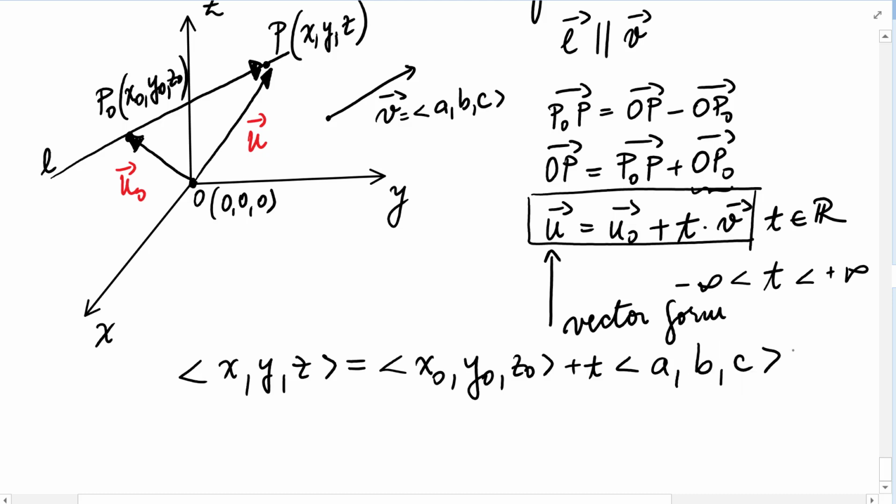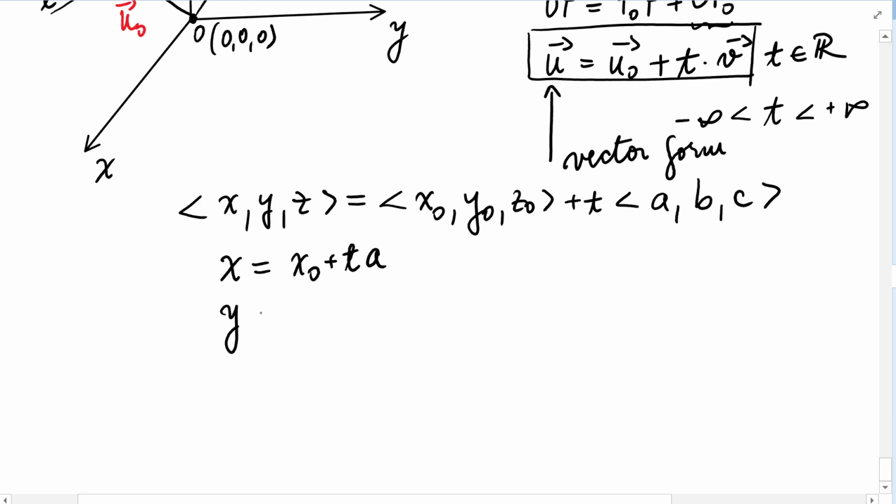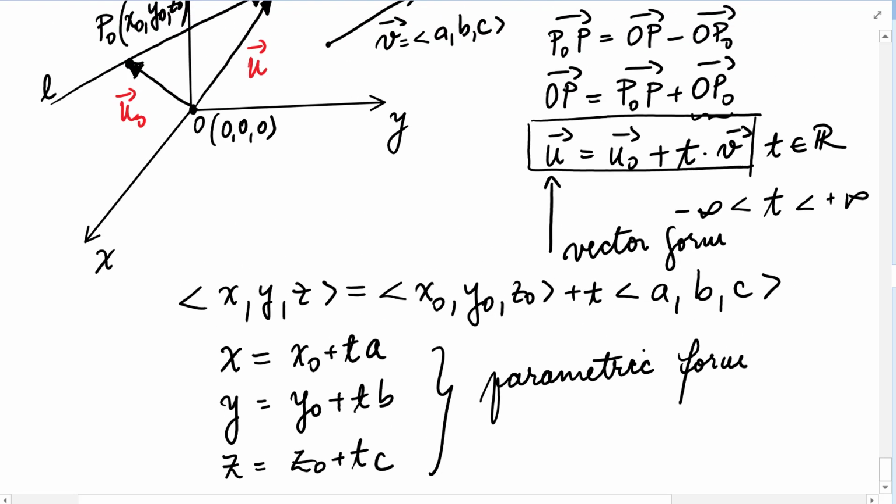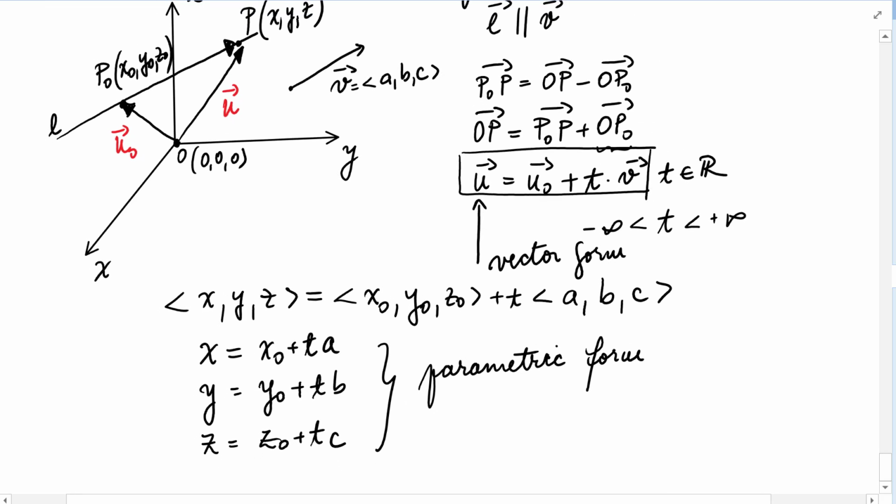So we can say that x is equal to x naught plus ta, y is y naught plus tb, and z is z naught plus tc. This is the parametric form of the equation of the line L that passes through P naught P. So these two are important.